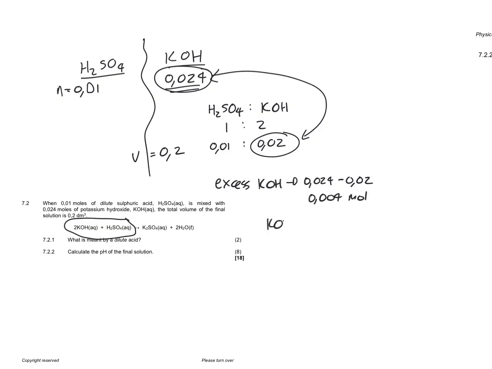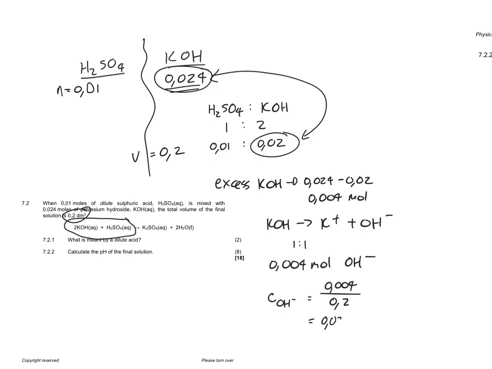And the KOH forms K plus and OH minus, and the ratio is 1:1. So we have 0.004 moles of OH minus in the final solution, which has a volume of 0.2. So the concentration of OH minus is 0.004 over 0.2, which is 0.02.